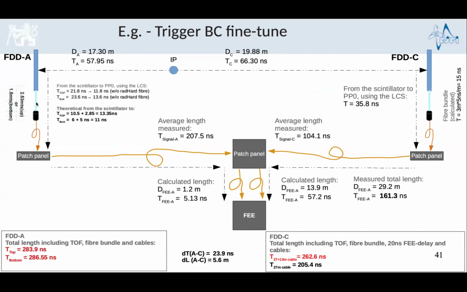Then we have the propagation in the scintillator, optical fibers, the propagation in the photomultiplier, from the cable to some patch panels where everything is connected. Then the cables to another patch panel in the place where the electronics is placed, and more cables from the patch panel to the front end, and then the processing time of the front end electronics and the cable from the electronics to the central trigger processor.